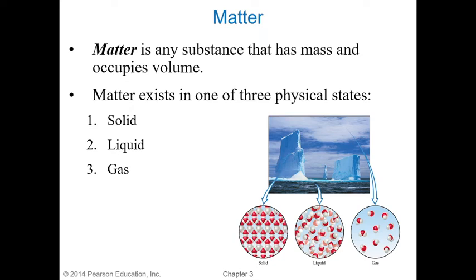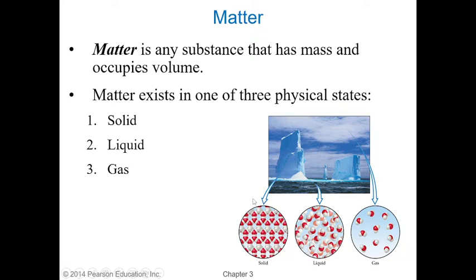So we all know that we are studying chemistry, and when we study chemistry, we are studying matter. But if we will define matter, it is any substance that has mass or occupies volume. If you remember in your elementary days, this is how we define matter. And we know that matter will exist in one of the three physical states, such as solid, liquid, and gas.